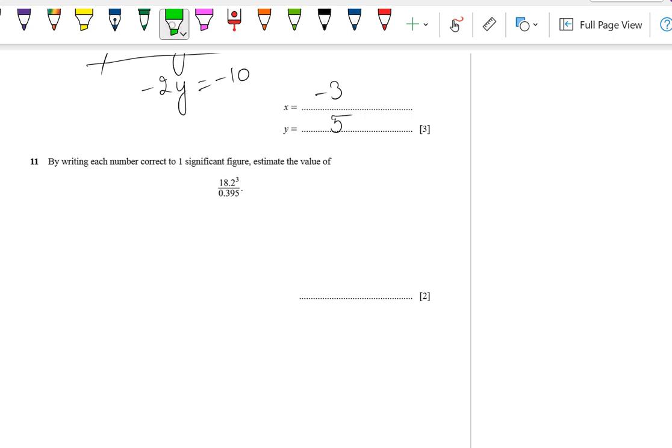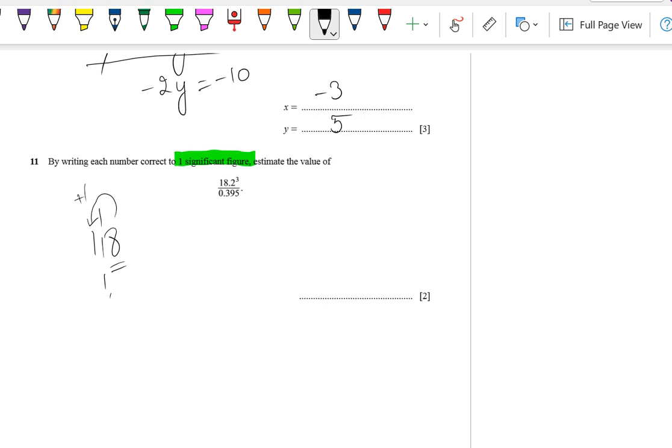We need to convert it into one significant first. So for the one significant, your first non-zero number is your first significant. Rest of the whole number portion will be made equal to 0. And since this is my first significant figure, because of this number, it is greater than 5, plus 1 will be added in the previous number.